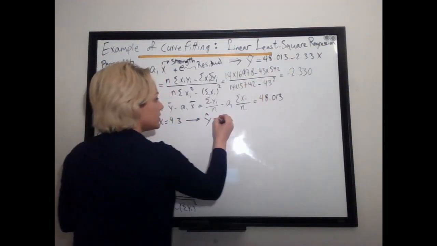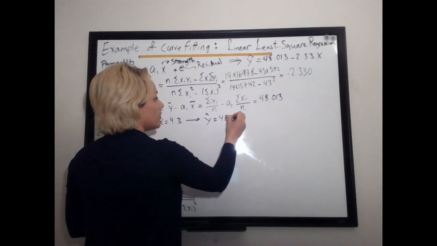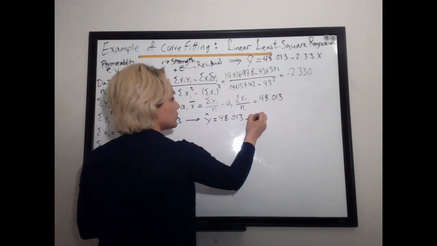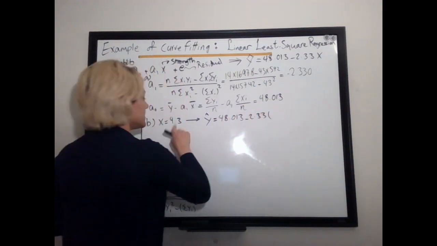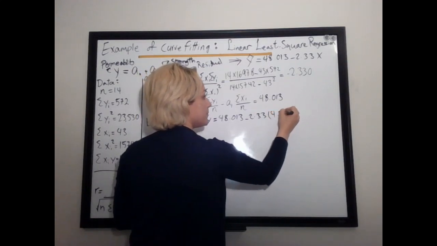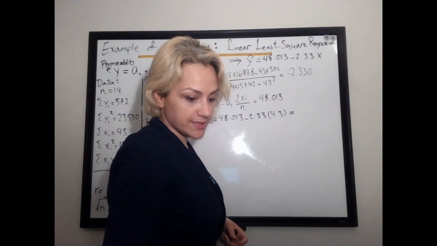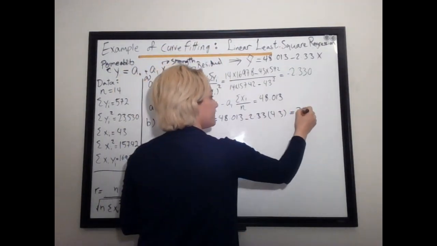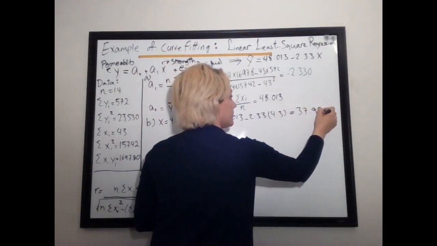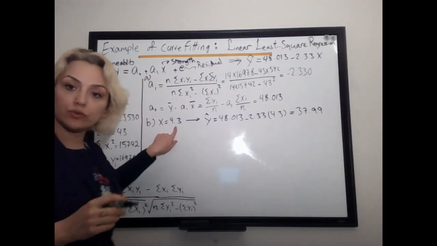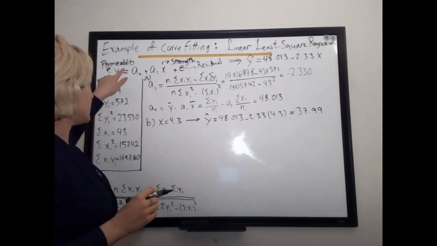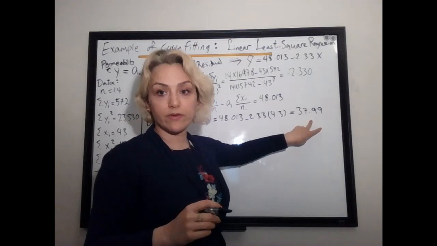So if we have the equation here, 48.013 minus 2.33 times x, where x is 4.3, the value is 37.99. So if x is equal to 4.3, our permeability is going to be 37.99.